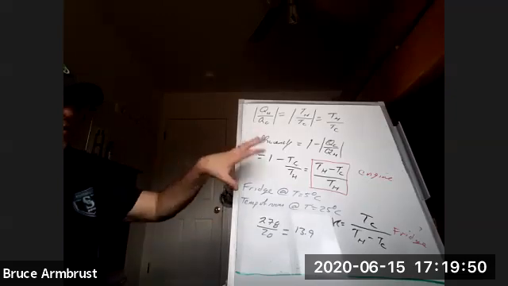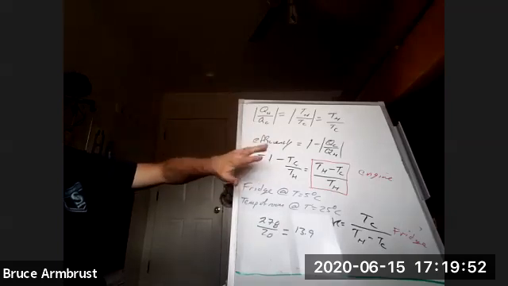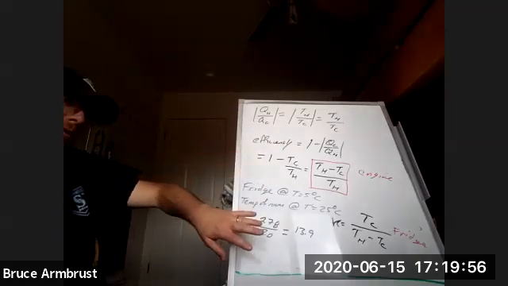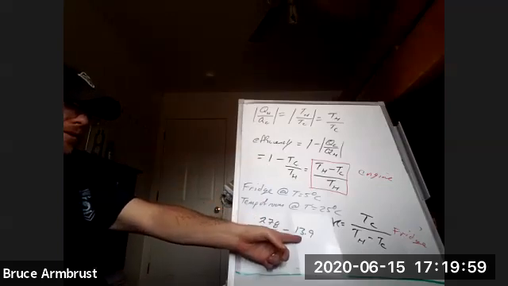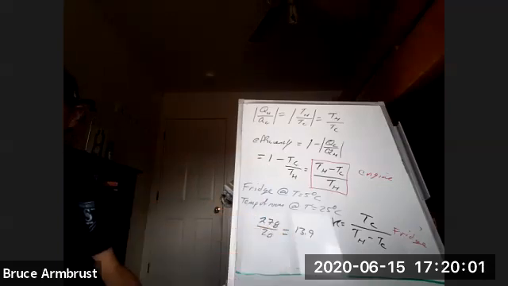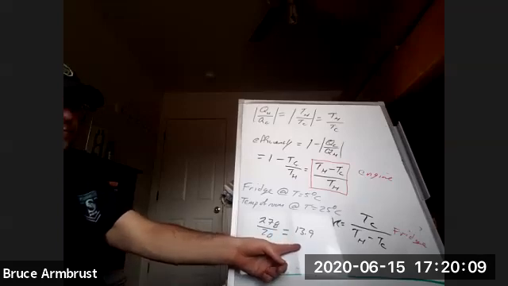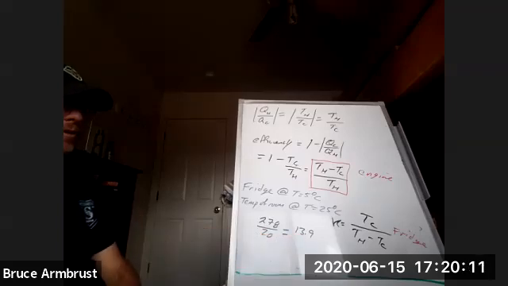So in this situation, a perfect Carnot refrigerator, every joule of work you do is going to remove 14 joules of heat. So the bigger this number, the better. 13.9 is not bad.